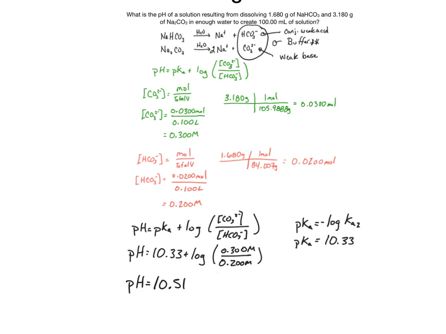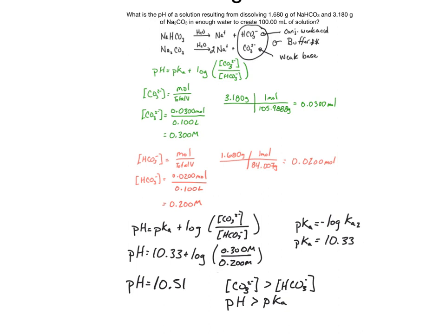And this makes sense because my concentration of my base is greater than my concentration of my acid. And so I would expect my pH to be greater than my pKa, because we know that the pH equals the pKa when the concentration of the base and the conjugate acid are equal to each other.